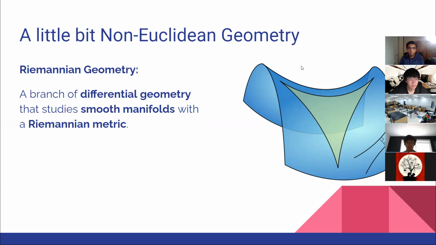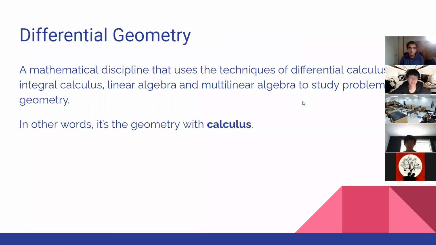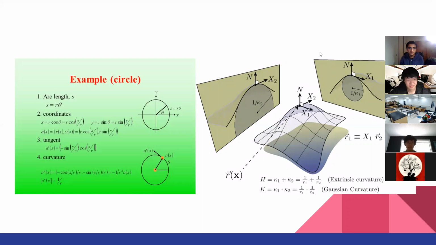So what is differential geometry? Differential geometry is a field of math that uses calculus to deal with these objects. Can you go to the next slide? If you have taken some calculus, this is an example of basic differential geometry. If you take the derivative of a vector-valued function, you get the tangent vector, and the second derivative gives the normal vector and the curvature as well.